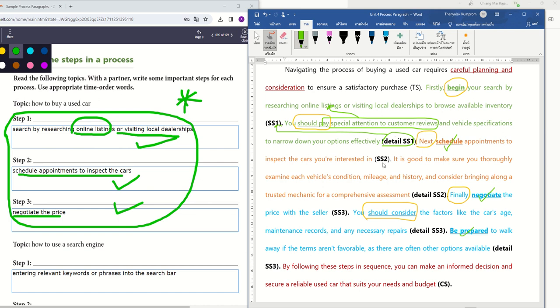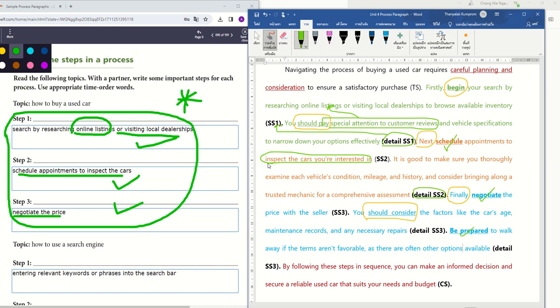Next one, SS2. Supporting sentence number 2 is schedule appointment. Here, details for schedule appointment. It is good to make sure you thoroughly examine your vehicle condition, mileage, and history, and consider bringing along trusted mechanic for comprehensive assessment in order to inspect.